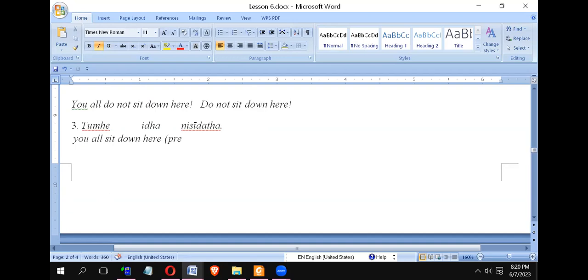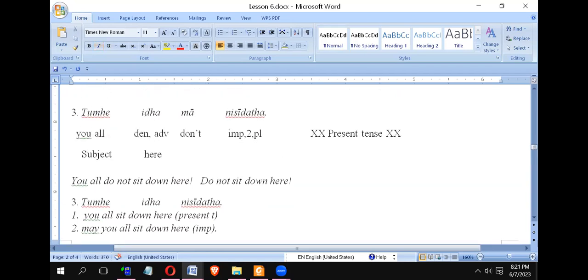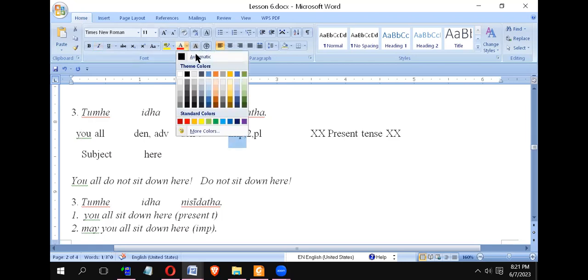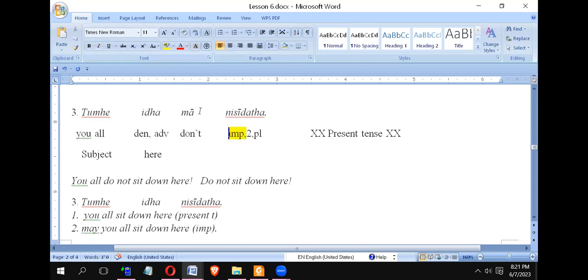If you put imperative, may you all sit down here. So it can be both. Without the "ma", you can translate in two ways. But with the "ma" here, it can only be imperative. So this one is linked with this one.